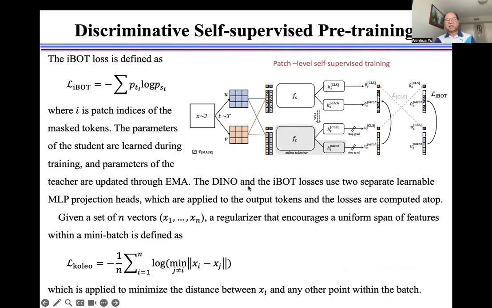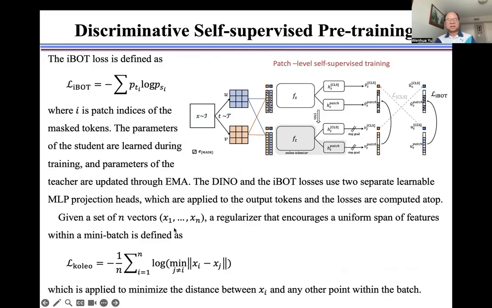The DINO and the iBOT losses use two separate learnable multilayer perceptron projection heads, which are applied to the output tokens, and the losses are computed on top.